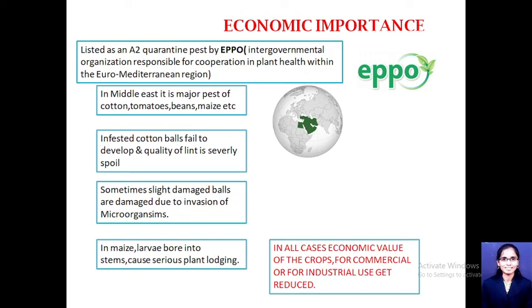In maize also, the larva bores into the stem, and therefore the plant will lodge before the fruiting stage. So in all cases, we can say that the economic value of the crop for commercial or industrial purposes will get reduced.